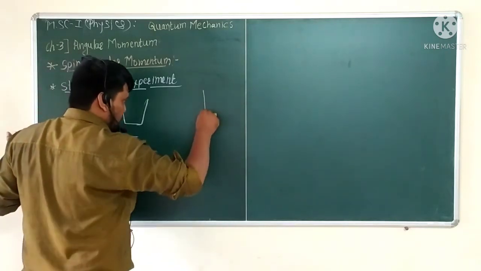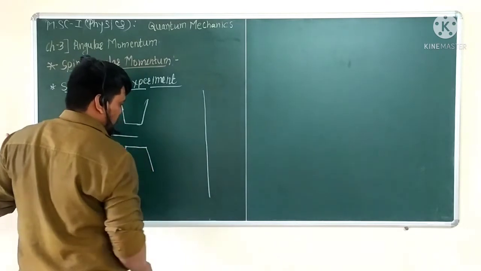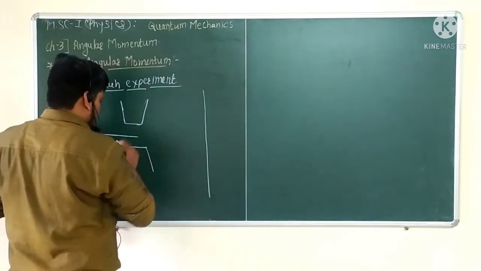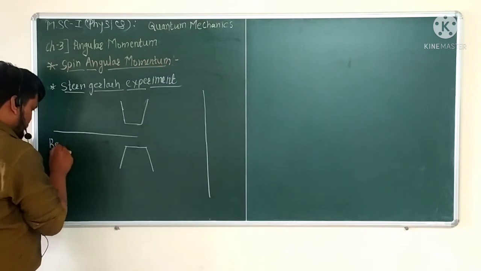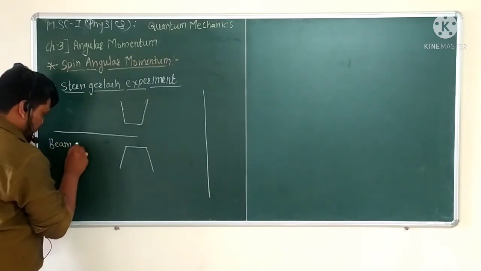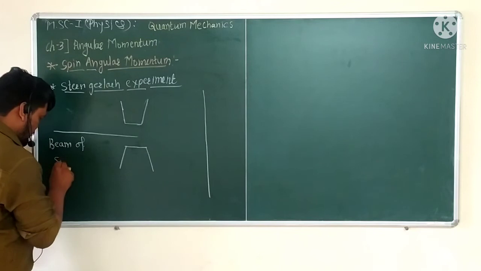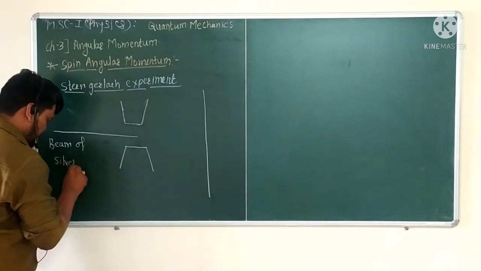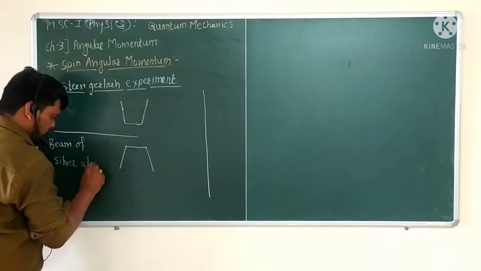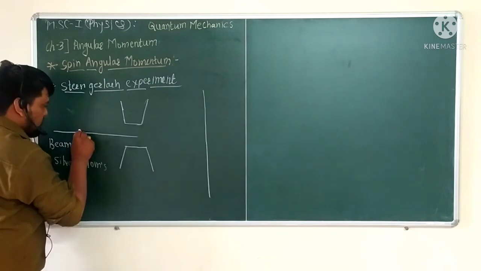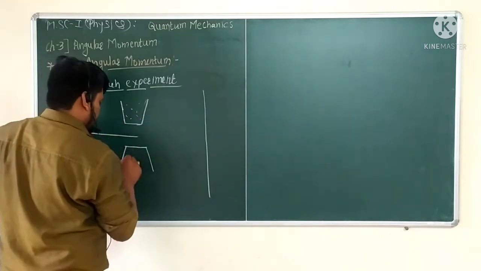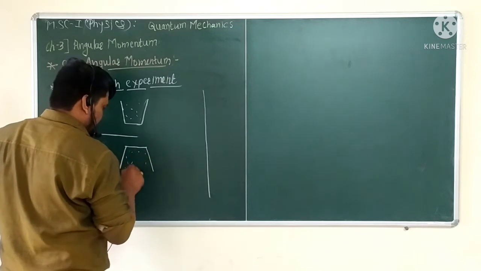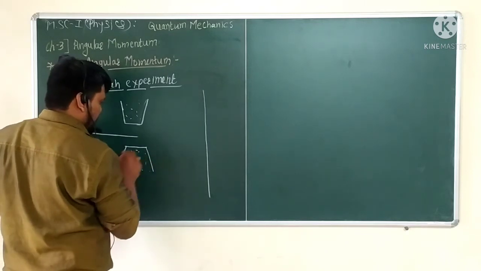Here the screen is present, and this is the beam of silver atoms passing through this magnet, which has the non-uniform magnetic field.